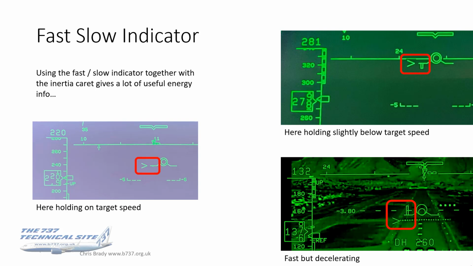On the upper right photo, you're holding slightly below target speed, so it's showing that you're about 3-4 knots slow, but you're neither accelerating nor decelerating. And on the lower picture, you're 4 or 5 knots fast, but decelerating. So that's how to use those together in combination.